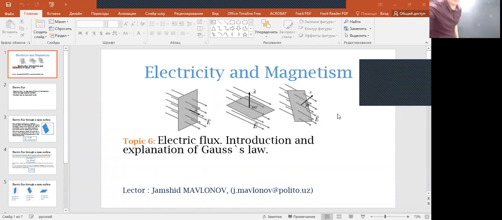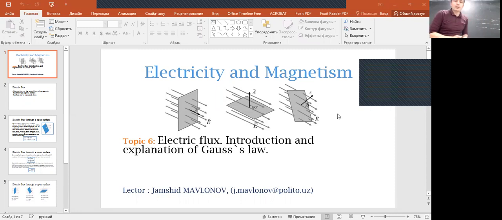And we solved the electric field lines. So electric field lines will be like this, right? This one is the electric field lines.